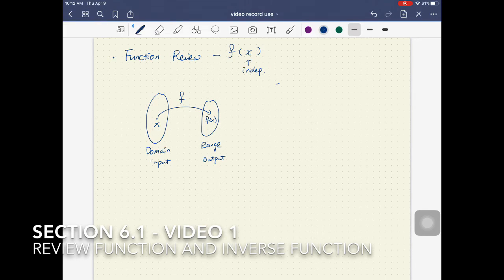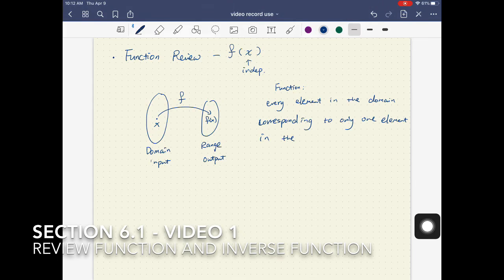In order to be a function, we need to make sure that every element in the domain corresponds to only one element in the range.